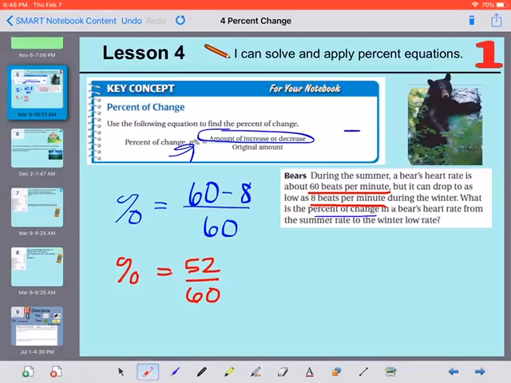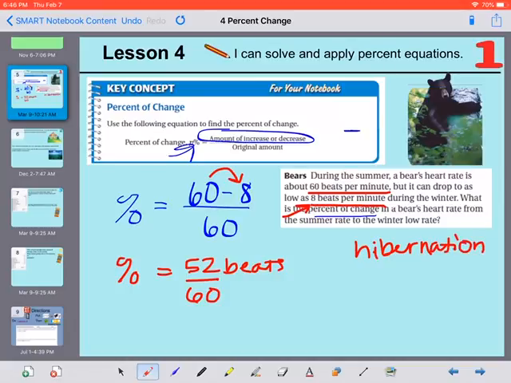We know the heart rate changes 52 beats per minute from the summer to the winter, but we want to know what that change is represented as a percent. And yes, it does get really down to 8 beats per minute because bears go into hibernation, remember?